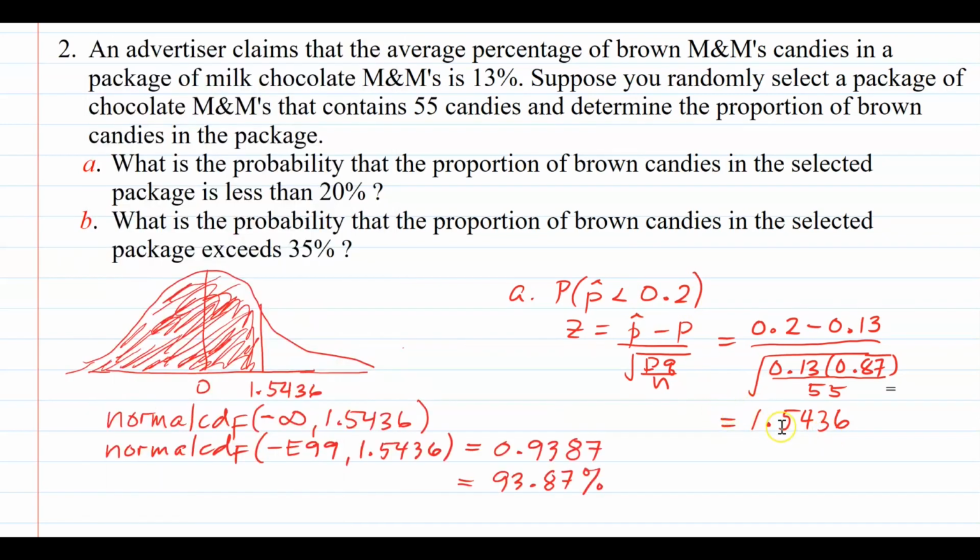Okay, so our z value corresponding to this p hat 0.2 is 1.5436. Once we have the z value, then we will draw the normal curve, and it will look like this because the question is asking what is the probability that the proportion of brown candies in the selected package is less than 20%. And because of that less than, we're looking at the area to the left side of this z value 1.5436. So that will be from negative infinity to z value equals 1.5436. And using our calculator, it will be normal CDF from negative infinity to 1.5436.